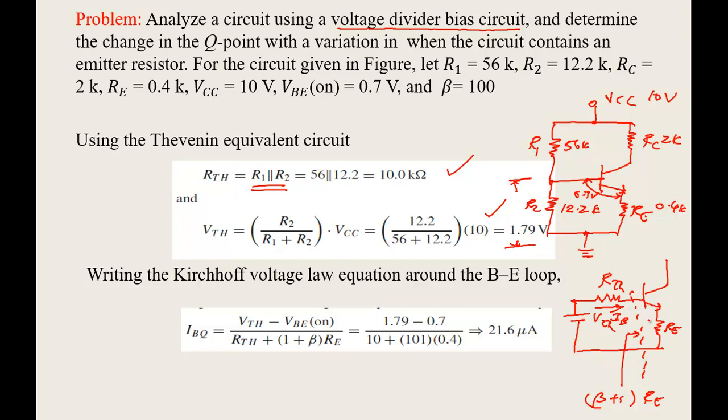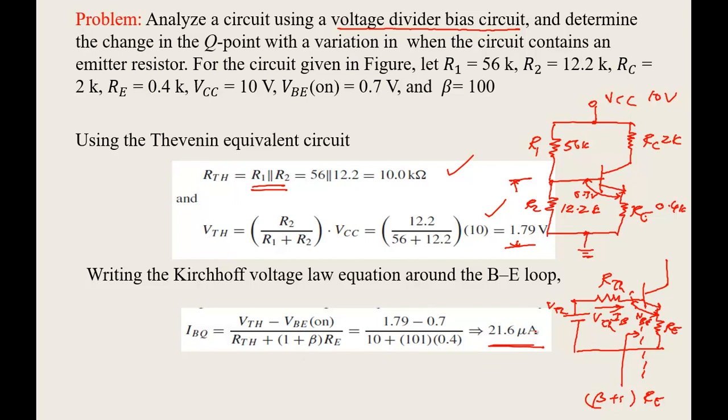Voltage divided by resistance: the two voltages I have are VTH and VBE on. So IBQ is VTH minus VBE on, divided by RTH plus (1 plus beta) RE, because RTH and this one will be in series. Now from this we can find out your IBQ.